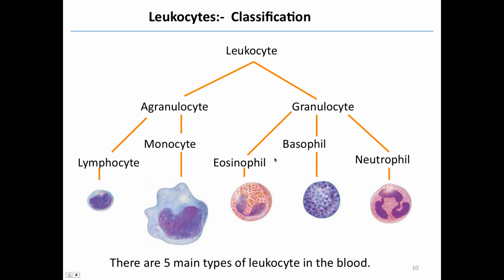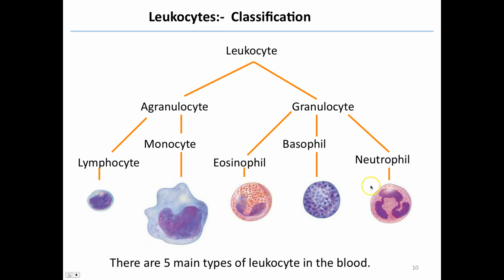Here are the main classes of leukocytes found in the blood. Now, as you can see, there are 5 main types of leukocytes, and these are classified based on 3 criteria: the presence of granules in the cytoplasm, the staining patterns, and the shape of the nucleus.